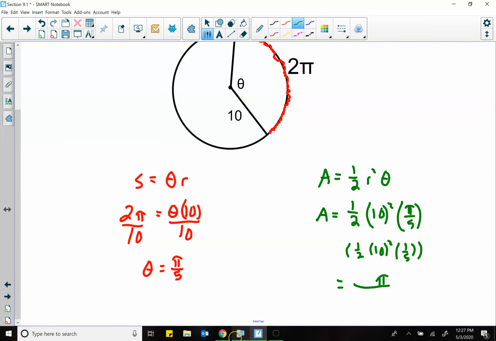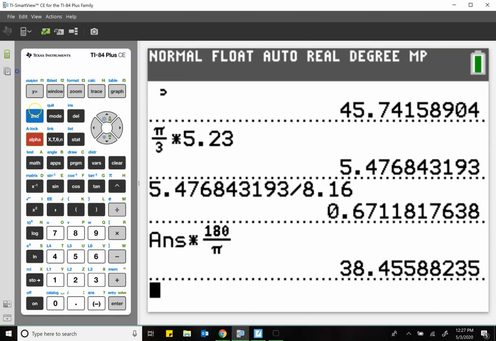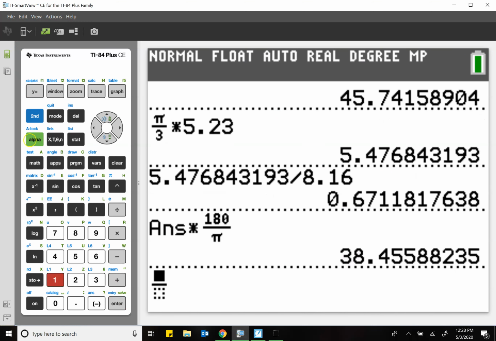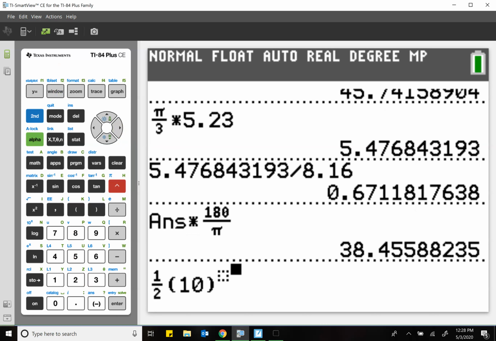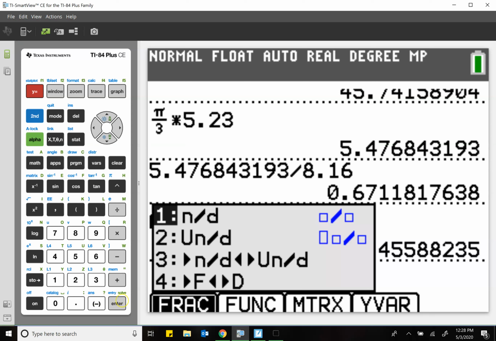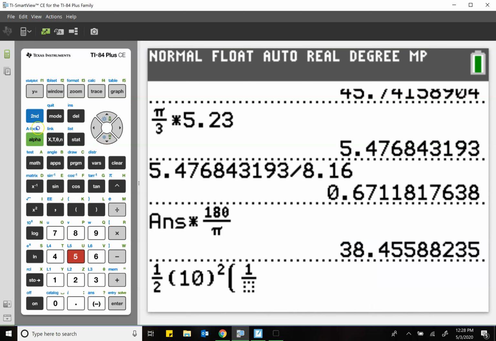So let's get that real quick. 1/2 times 10 squared times 1/5.